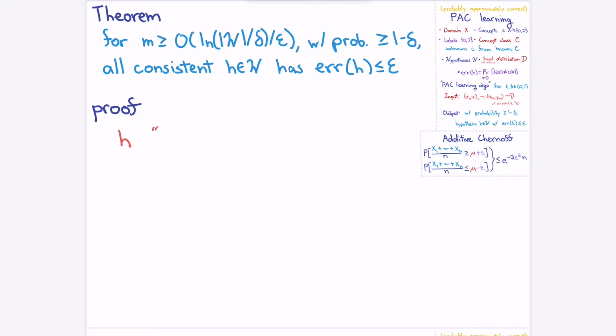Yeah, so let's say that H is bad if error of H is at least epsilon. And there are at most size of H bad hypotheses. I want to make sure that I don't output a bad hypothesis. How do I make sure the consistent learner doesn't output a bad hypothesis?